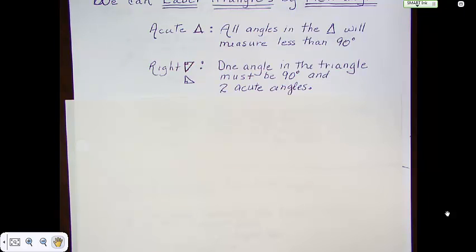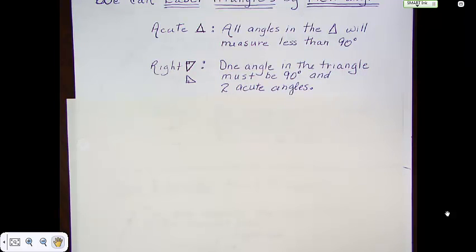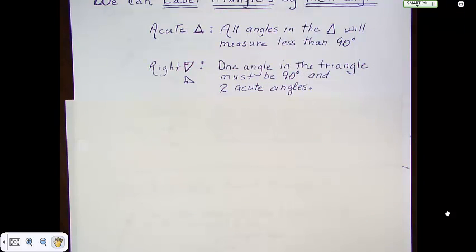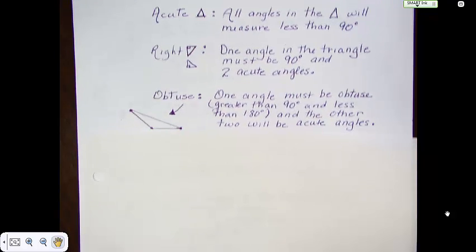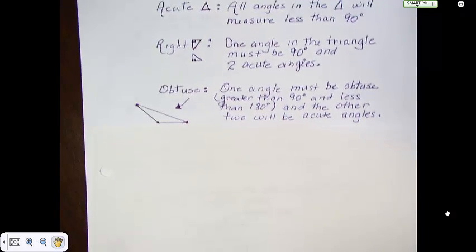They have to be, because the 2 plus the 90 have to add up to 180. And in the acute case, if all 3 of them are less than 90, then they will work out to be 180 as well.